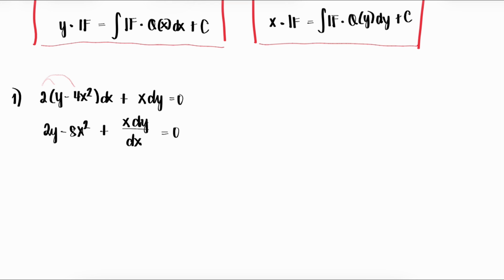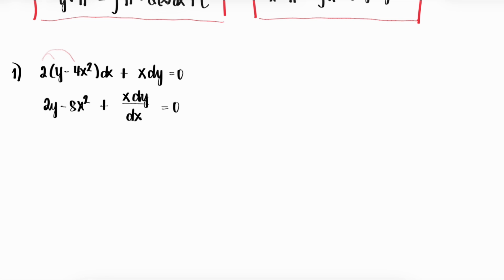And then to remove x from there, we're going to divide again by x. So that's 2y/x - 8x + dy/dx = 0.